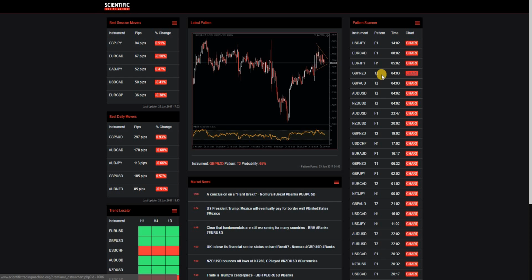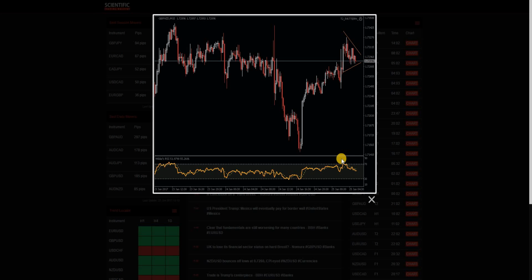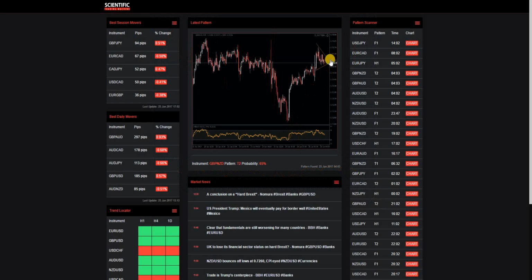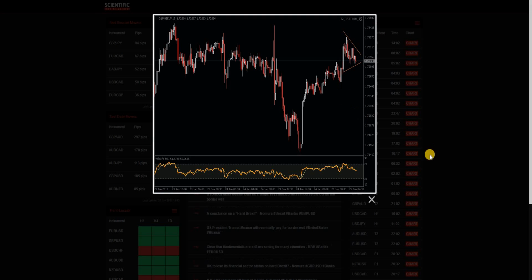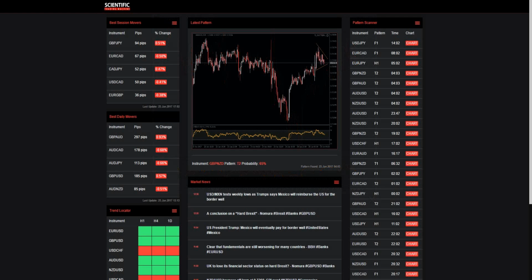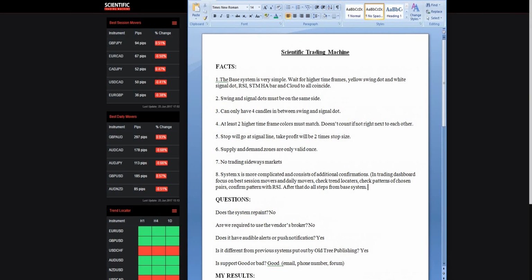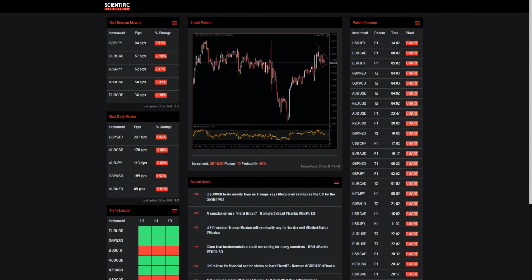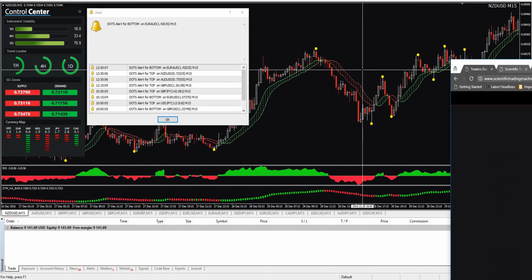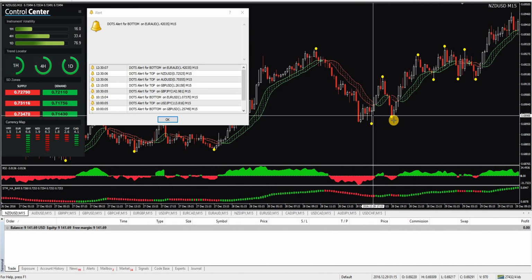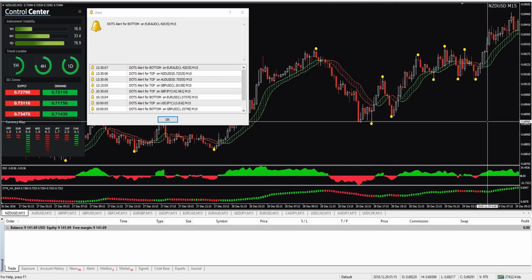If we were focused on GBP NZD, we could click on that, pull that up, and then we could simply see that it was a T2 pattern. And like I said, they'll actually tell us how to confirm with the RSI in the PDF that we get as well. All right, and then after you do all of those steps, then you can come back to the base system.